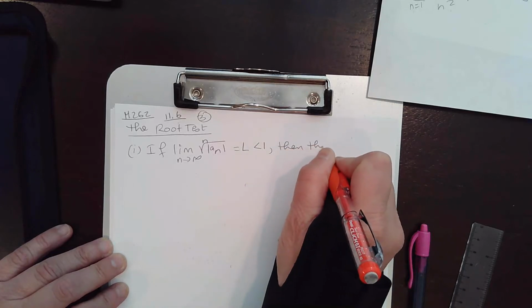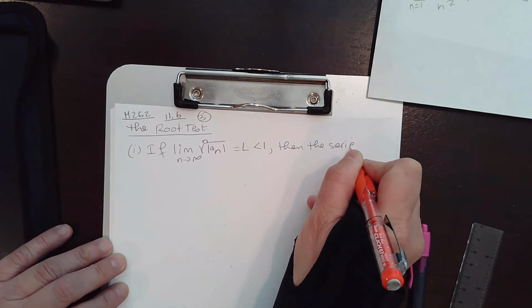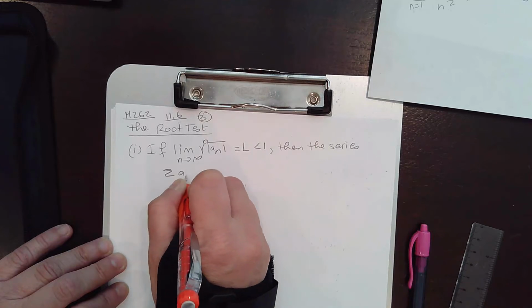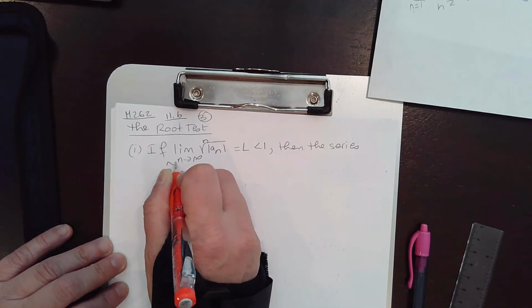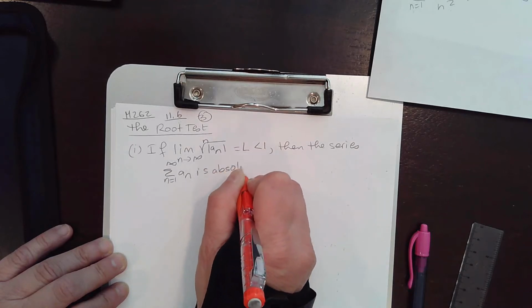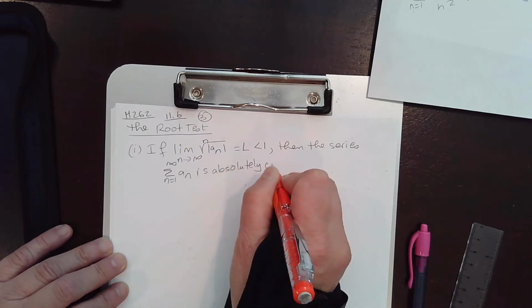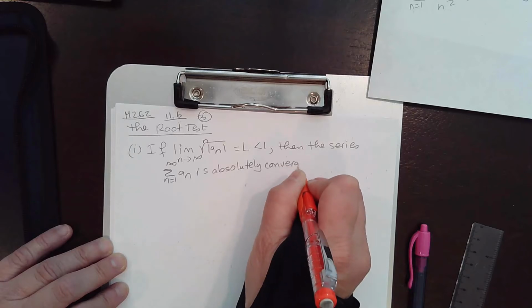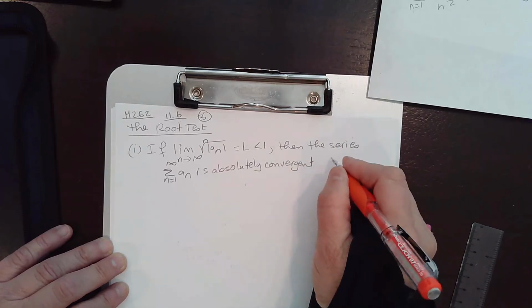then the series, the sum of an as n going from 1 to infinity, is absolutely convergent, and therefore convergent.